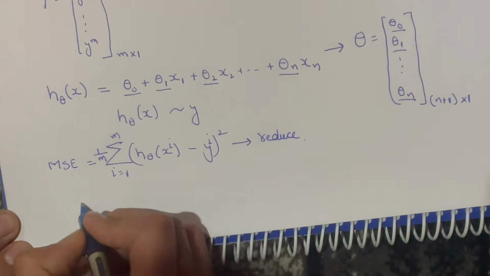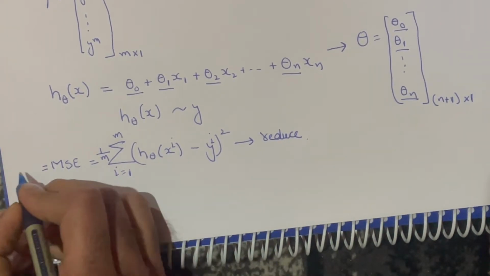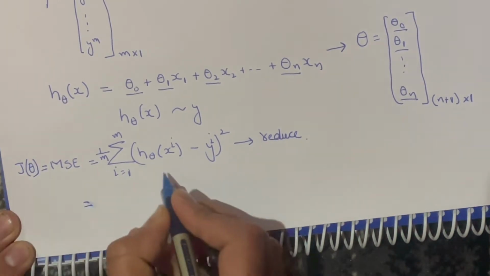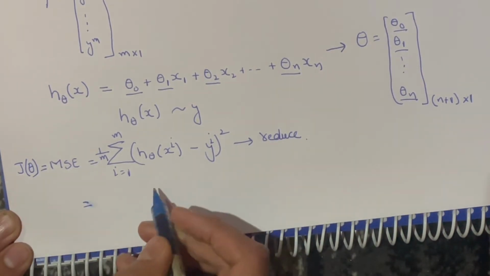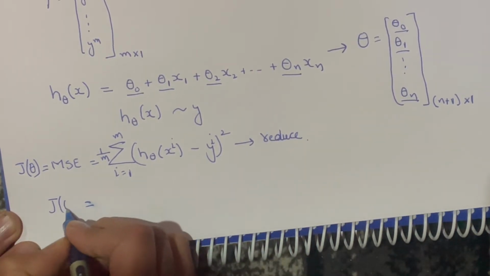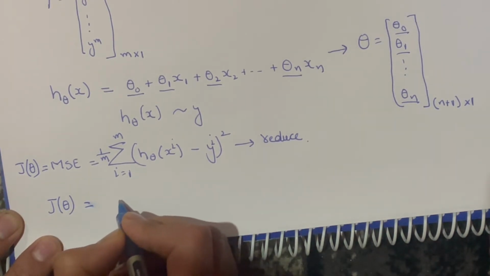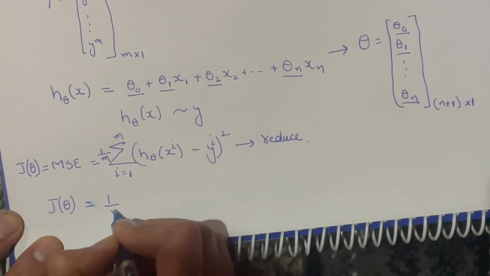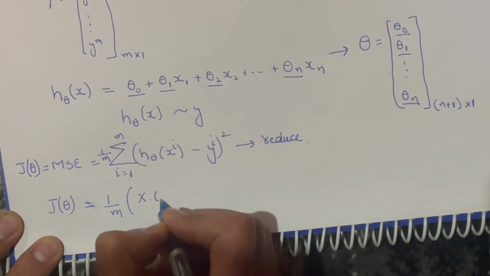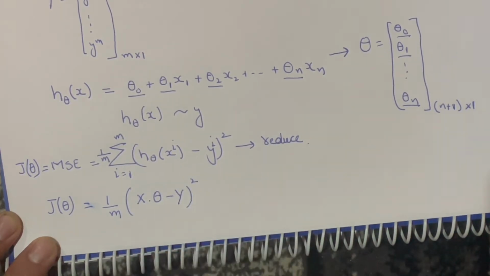In matrix format we write this mean square error, which is also called the cost J of theta, and it is a function of theta because we are changing theta. This particular cost, or mean square error, in matrix format is also written like this: 1 by m, x dot theta minus y, whole square.